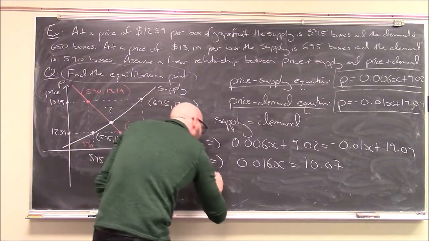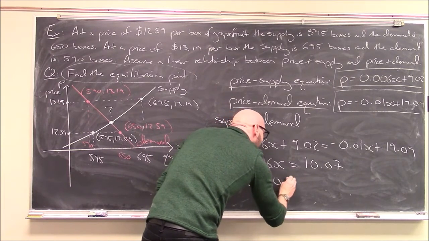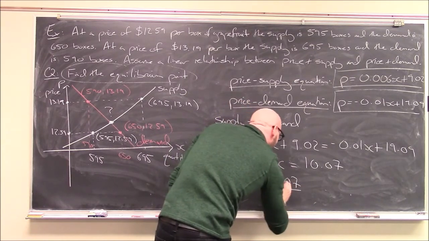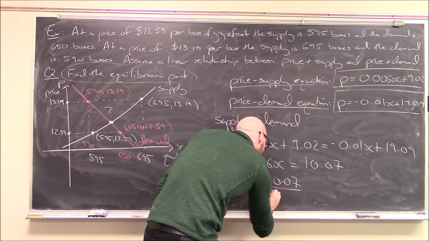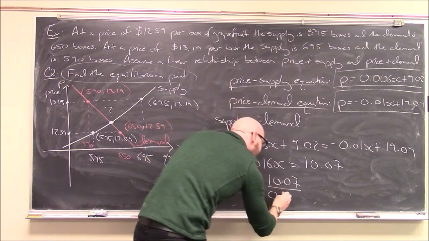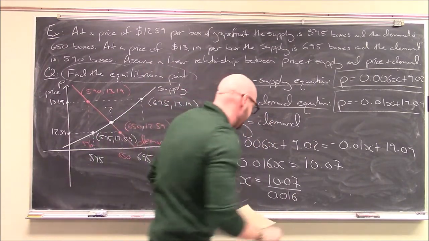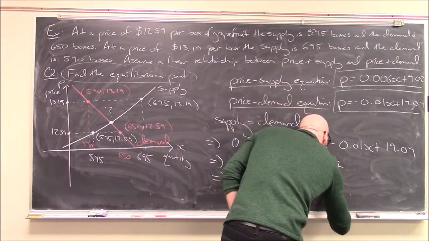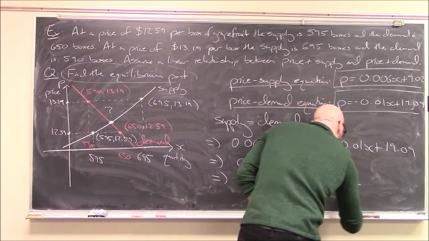Okay, so solve for x. X is 10.07 over 0.016. And this comes out to 625.25.